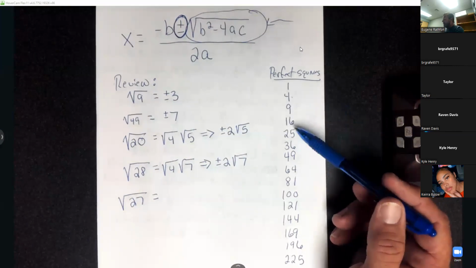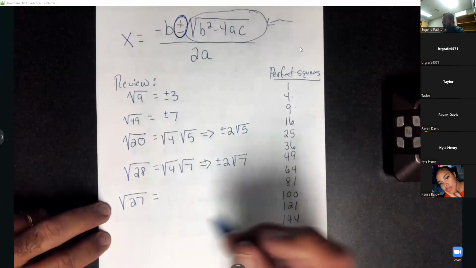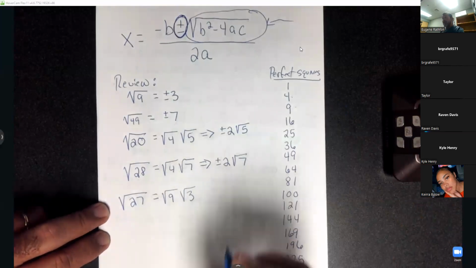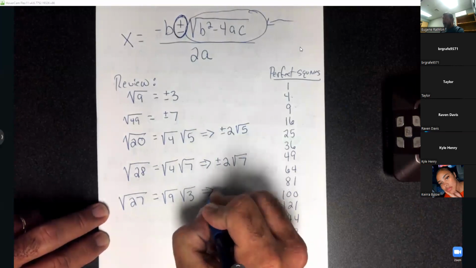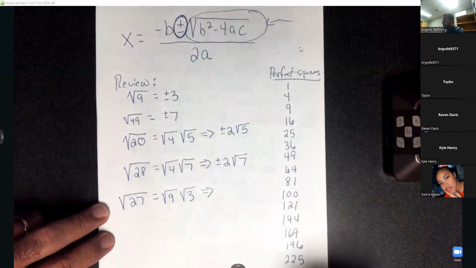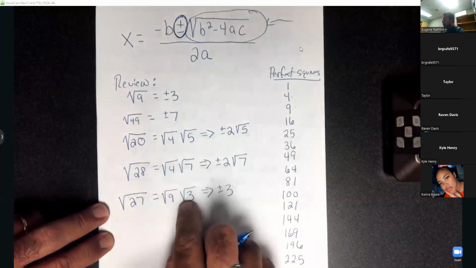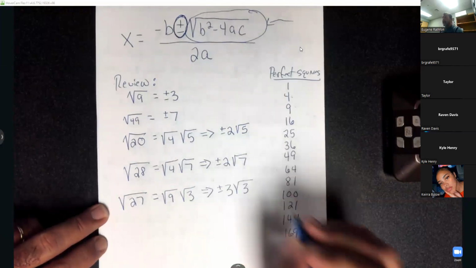But 9 divides into 27. So you would make this a square root of 9 times the square root of 3. Ooh, y'all done got it. What, 3 square root of 3? There you go. Because the square root of 9 is 3. And then bring over that square root of 3.